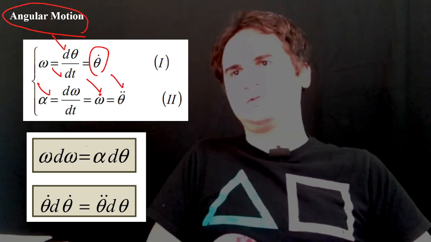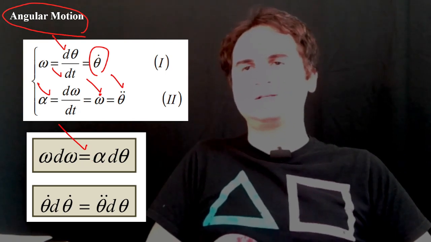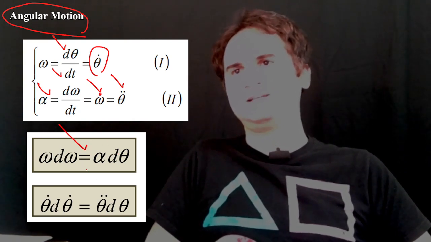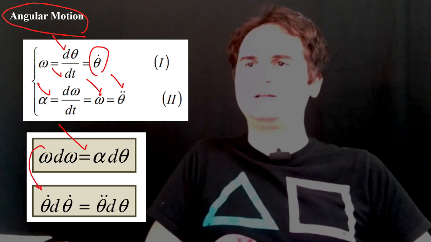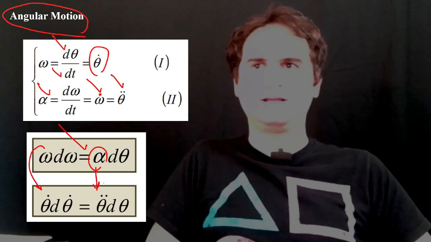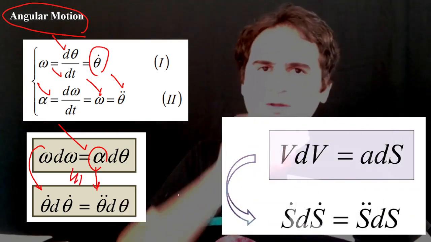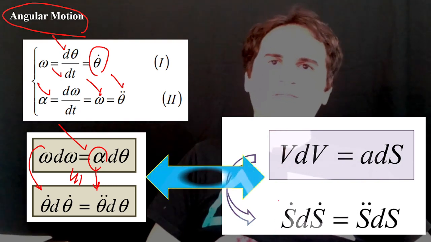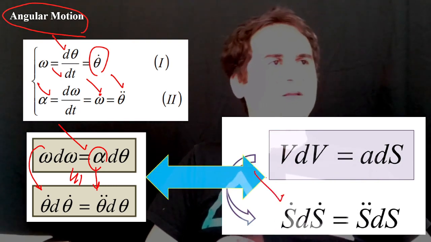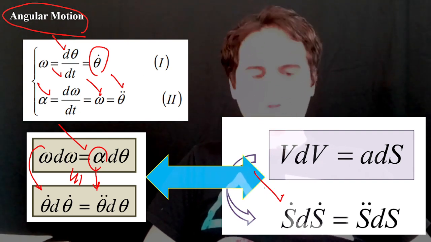You can also write this equation as w dw equals alpha times d theta, or if you replace w by theta dot and alpha by theta double dot, they are identical to each other. That's again the independent-from-time equation for angular motion.